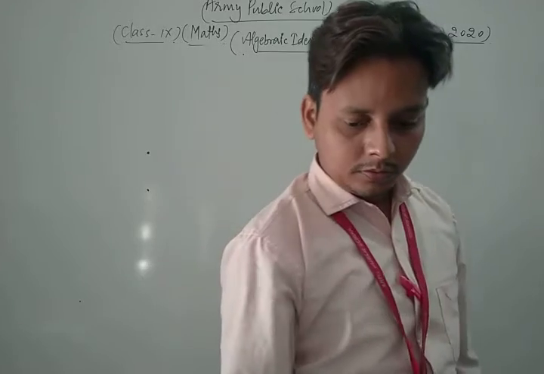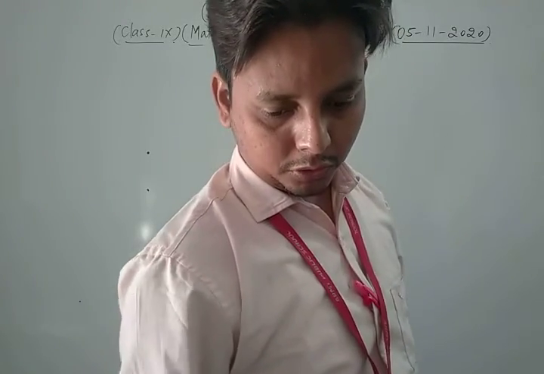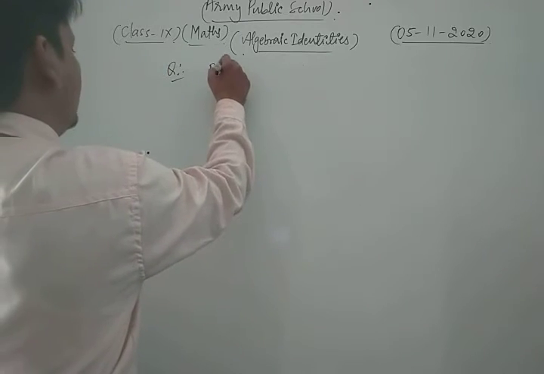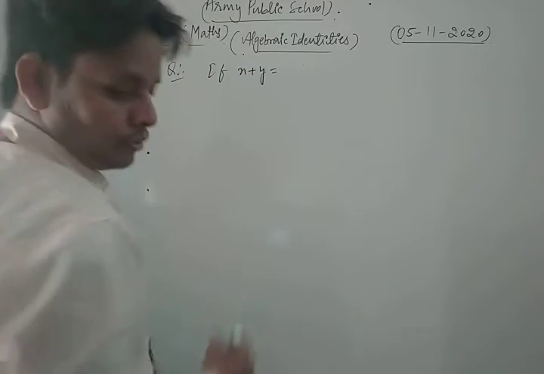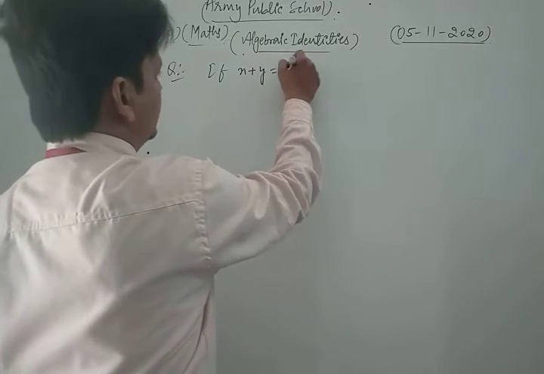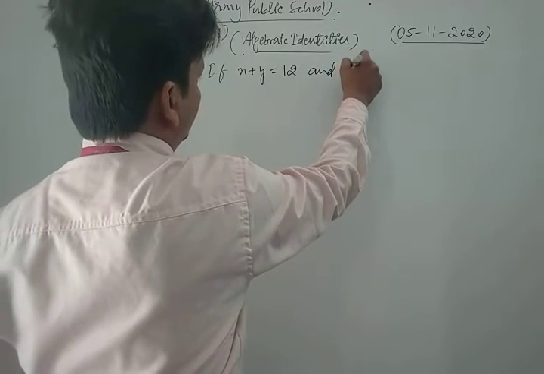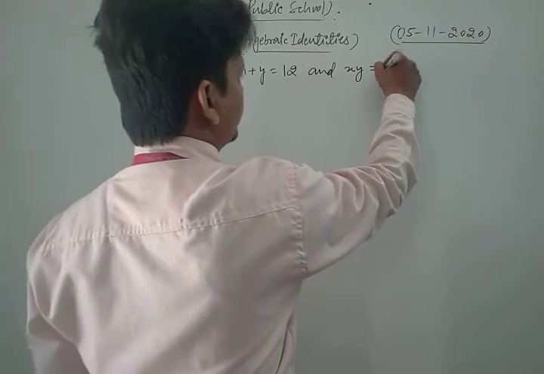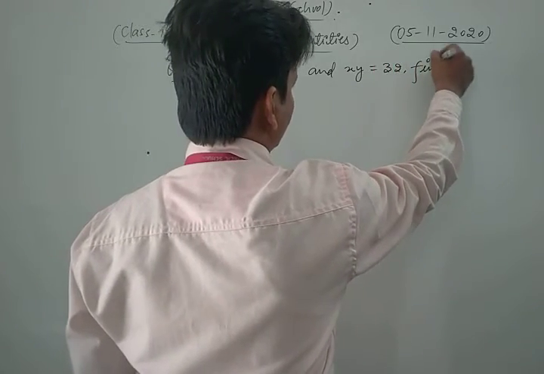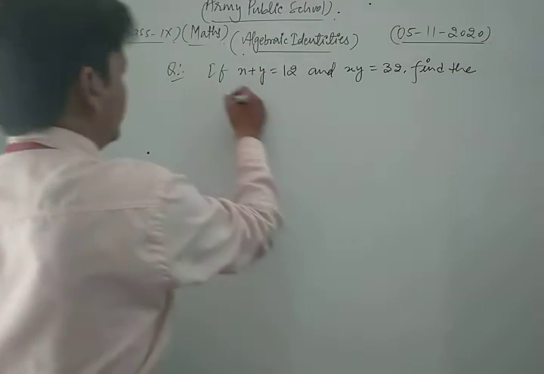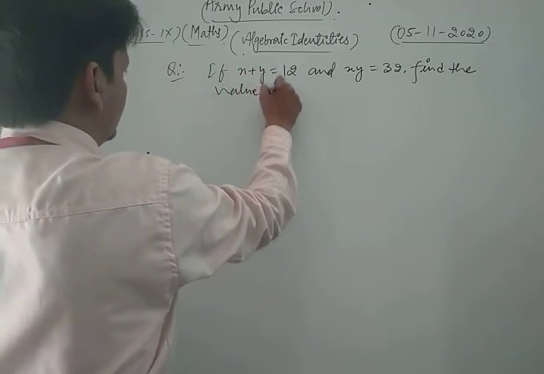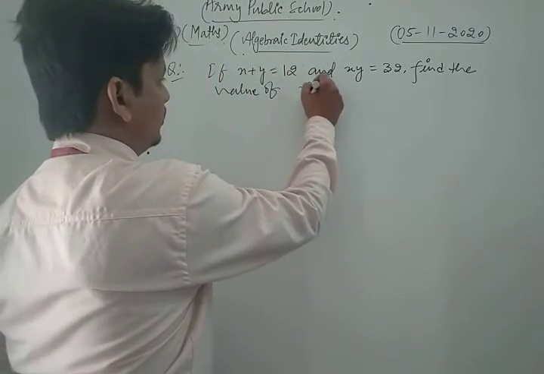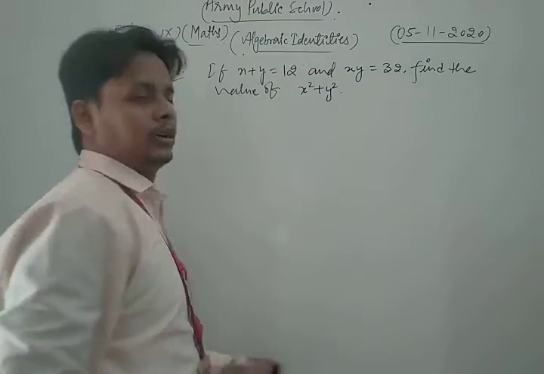Now we take and solve a very important question. The question is: if x plus y is equal to 12 and xy is equal to 32, find the value of x square plus y square.